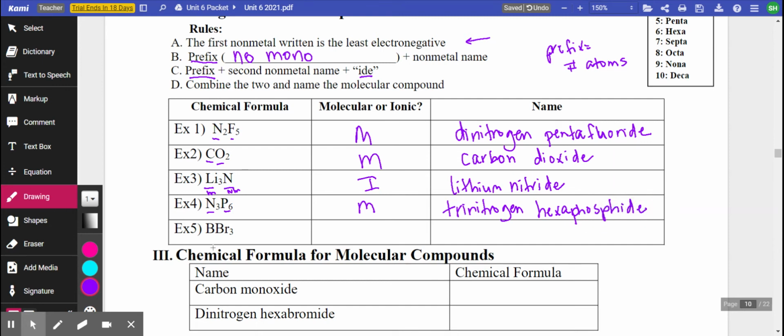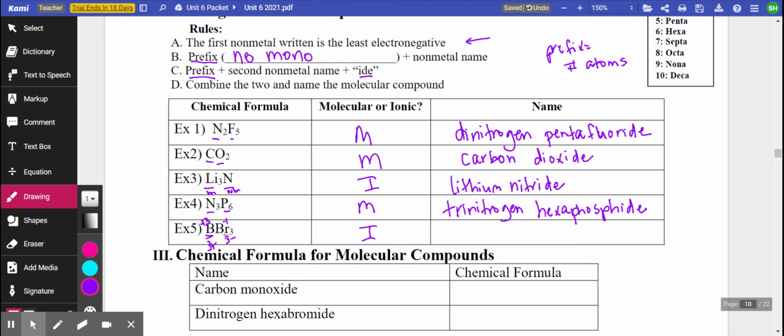Okay. And then our last one's a little tricky because we have boron. Boron kind of sits right on that fence, and I can see that I have 3 bromines. So boron's charge is +3. Bromine's -1. So I have 3 negatives and 3 positives. So it's very possible that this is an ionic compound, okay? If I had something like B2Br3, then that would tell me that it has to be molecular because the charges wouldn't add up.